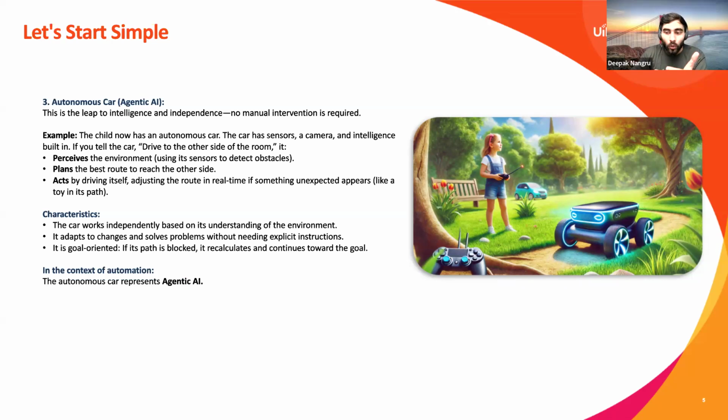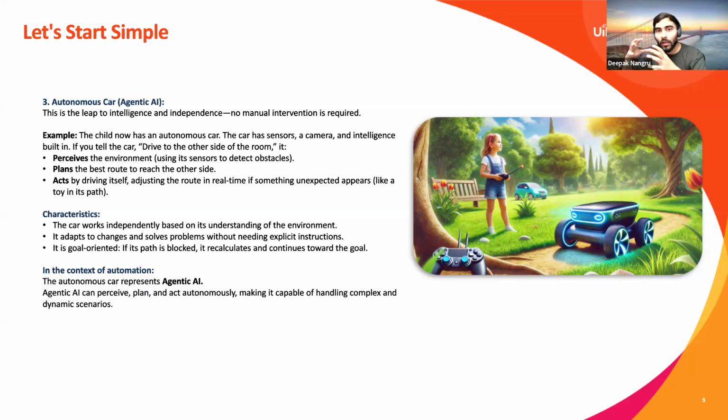Now, in the context of automation, an autonomous car represents agentic AI, because it is connected to a machine learning model at the back end, and the data that you are passing is being analyzed by that machine learning model, and it is making sense of that. For example, you'll notice in Zoom, when we record any meeting, it records the transcript too. Whatever I am saying, sometimes the accent can be of a different country.